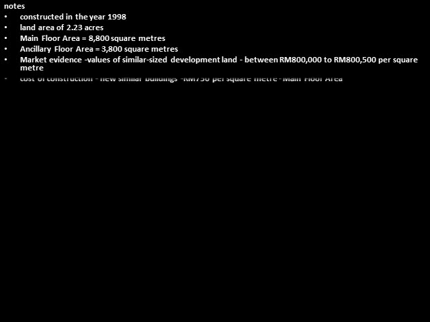The cost of construction is 750 ringgit per square meter for MFA. The economic life is 60 years. I think we have written down all the very important information, so now we can start our calculation.